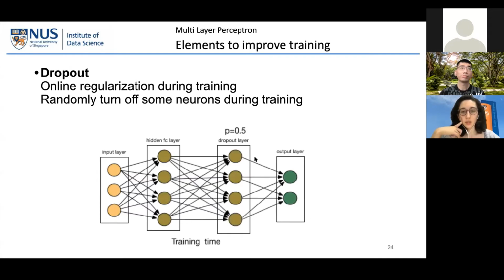What you can add is a dropout layer, where basically you will randomly turn off some neurons during training, okay? With some probability, so usually 0.5 is taken. And it's actually equivalent to doing some online regularization. So that's something that's quite common to add to your model.